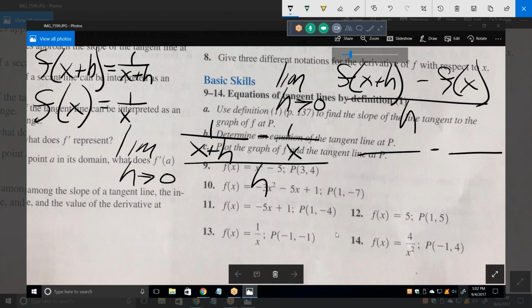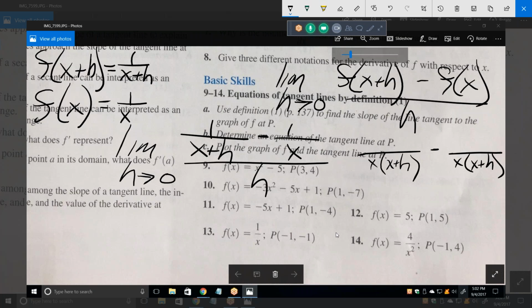Notice that when I had 1/3 minus 1/4, the common denominator was 12, 3 times 4. When you have variables, you just multiply the two denominators, and that's your common denominator. And never distribute these. Always leave them as factors, like this.